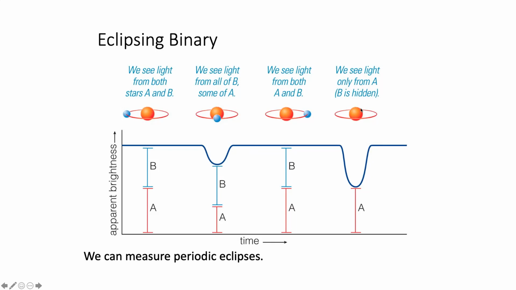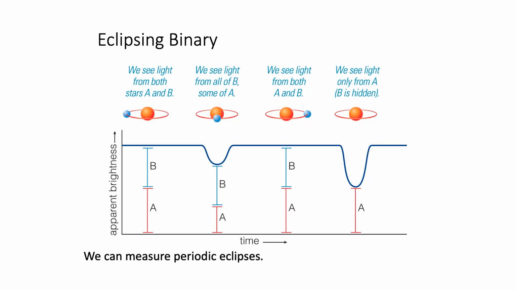And then star B passes behind star A, and we can only get the brightness from star A, and that's why we see a much more significant dip here. Oh, you know what? I actually have a link here. I was looking for this, and it turned out it was in my notes section of my slide.